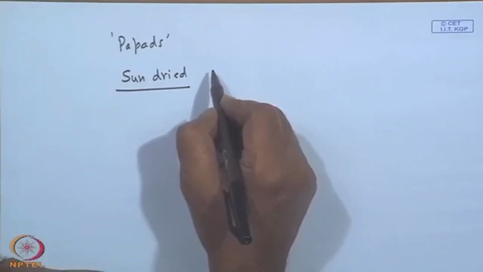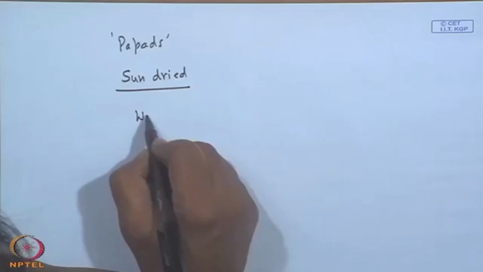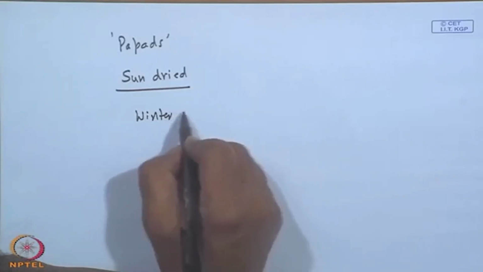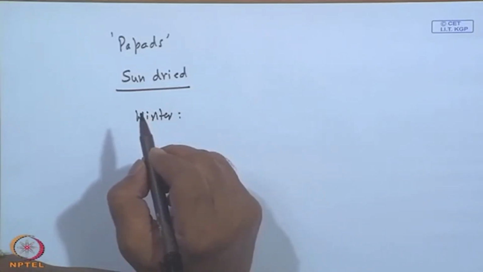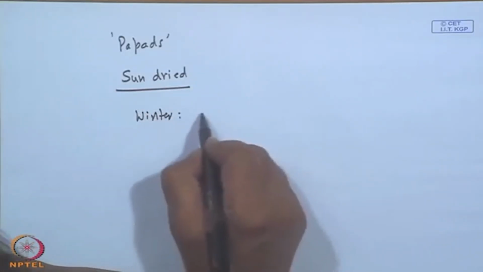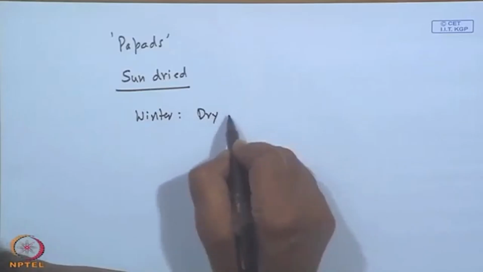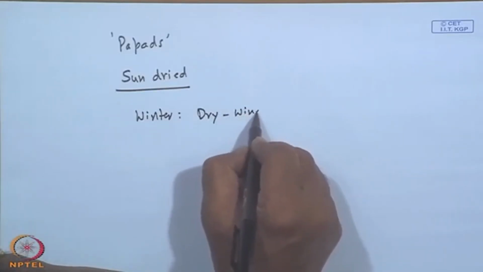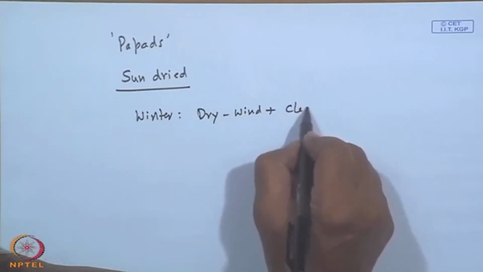Whether or not solar energy technology as a course was studied by the elderly people, this is always used for sun drying purposes. And the season generally in the southern part of India is winter, not because the sun is so high or anything like that, but because of dry wind plus clear sky.